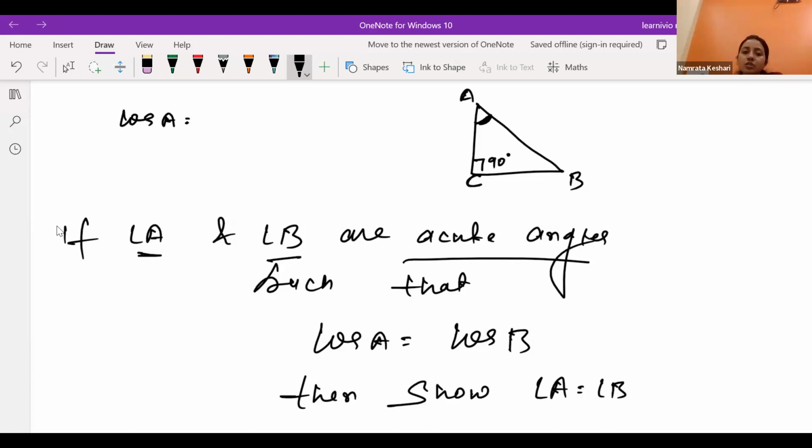So cos A, adjacent side. Please tell me quickly, what will be the adjacent side with reference to angle A? Yes. It will be AC, and the hypotenuse is AB.